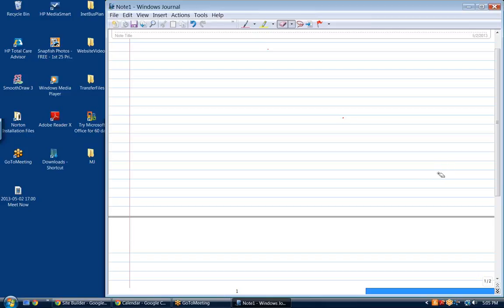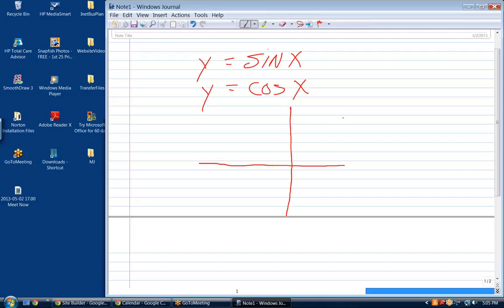Okay, so we have a problem where there's a function y equals sine x, and another function y equals cosine x, between 0 and pi over 4.